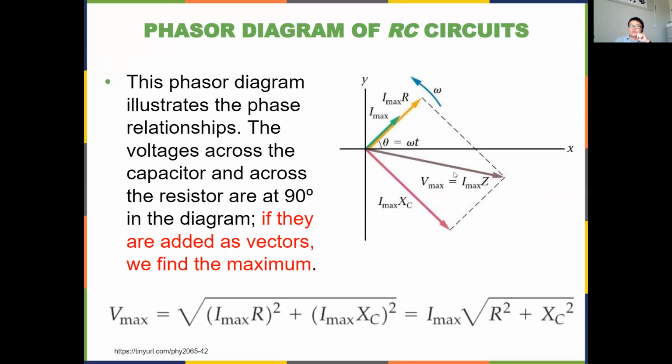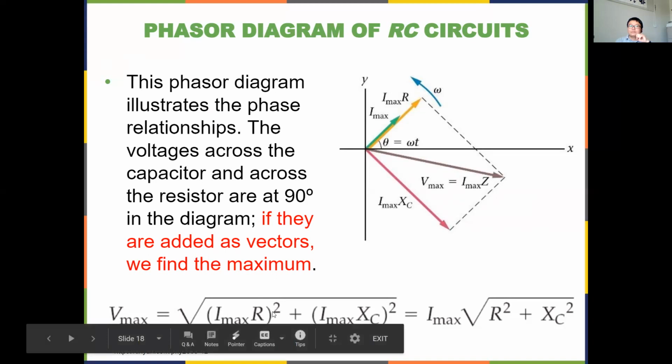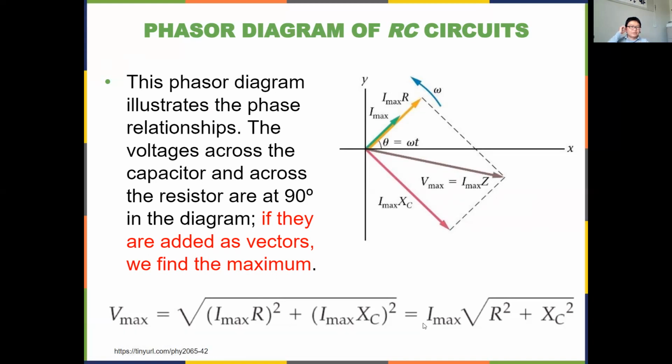Because you treat them as vectors, you do vector addition. The sum for the whole circuit is going to be the square root of Imax R squared plus Imax XC squared. You can see the Imax is the same, so you can factor it out in front of the square root.